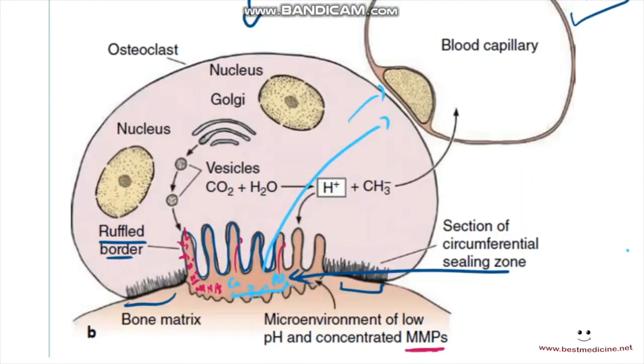This low pH due to the protons and the concentrated MMPs result in degradation of the bone matrix in which it is in contact with, and the digestion of bone matrix results in release of calcium and phosphate ions that then are absorbed by the ruffle border, and it goes into the nearest blood capillary to increase calcium and phosphate levels in the blood.